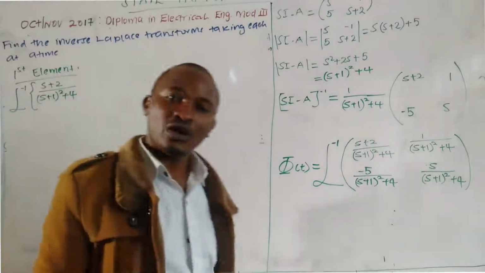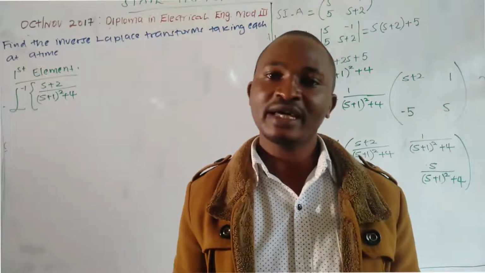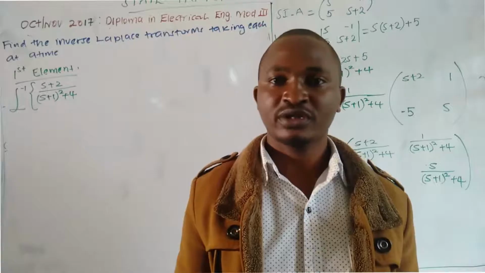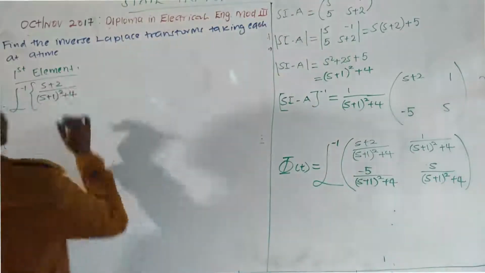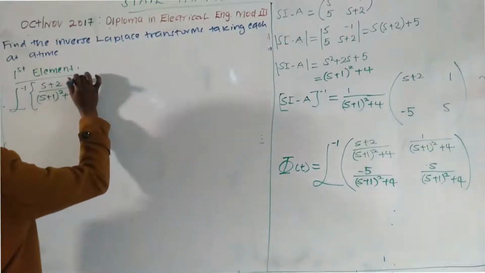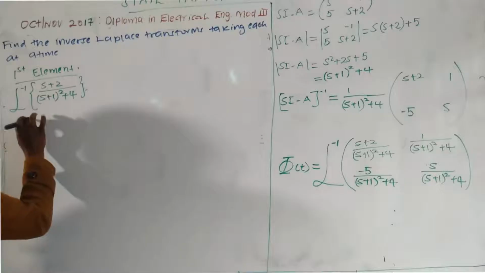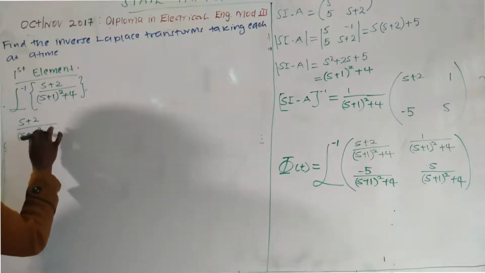But it's not all the time that you need to get partial fractions. Sometimes you may rearrange your problem so that you don't need partial fractions. It can be found directly from the tables. For example, this one, s plus 2 over (s plus 1) squared plus 4.